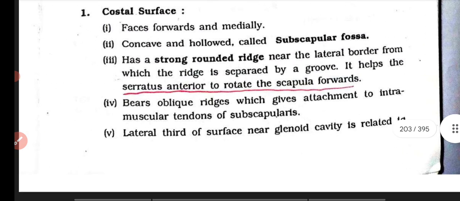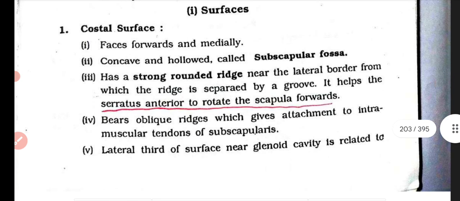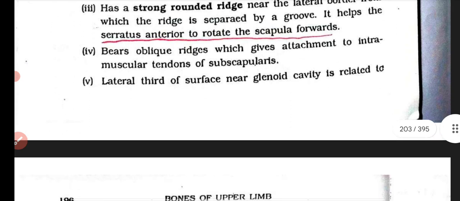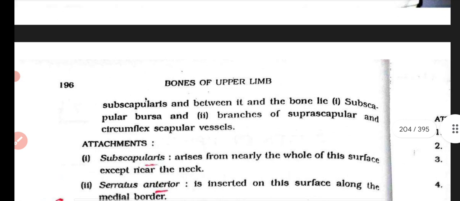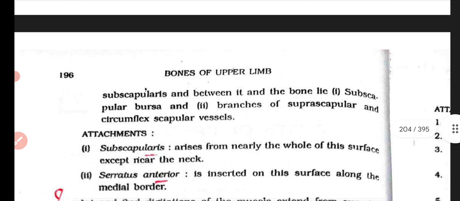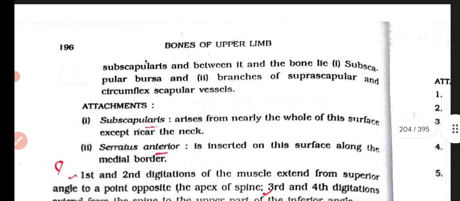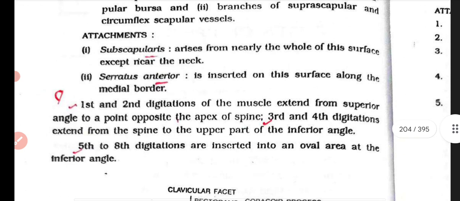It bears the oblique ridge, which gives attachment to the intramuscular tendons of the subscapularis. The lateral third of the surface near the glenoid cavity is related to the subscapularis, and between it and the bone lie the subscapular bursa and the branches of the scapular and circumflex scapular vessels.